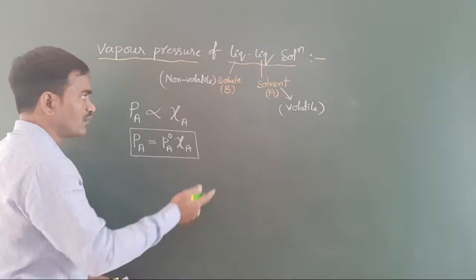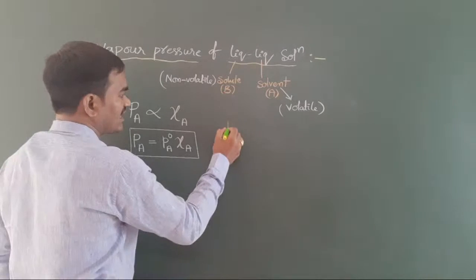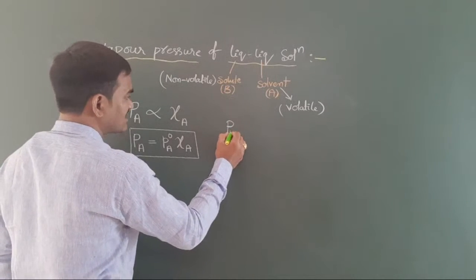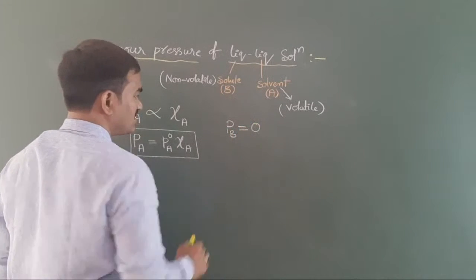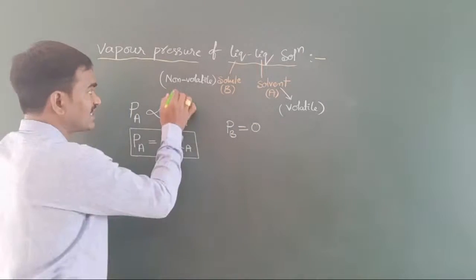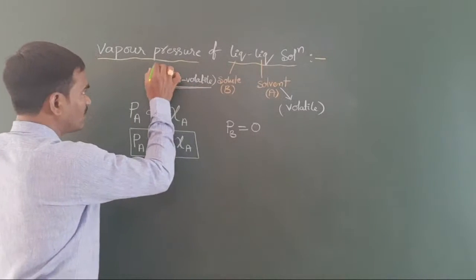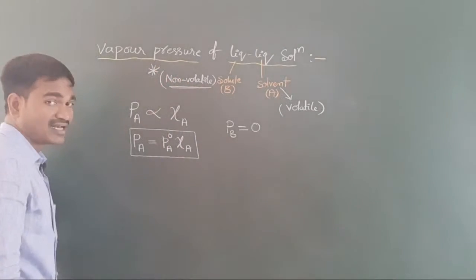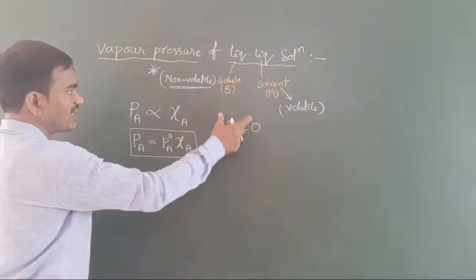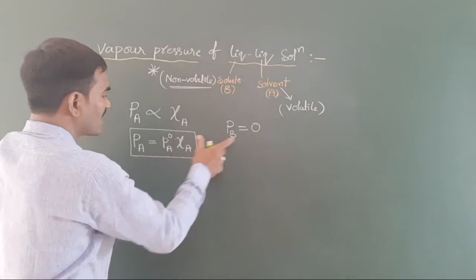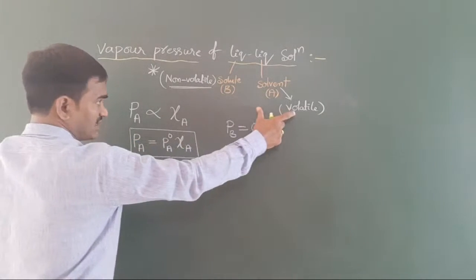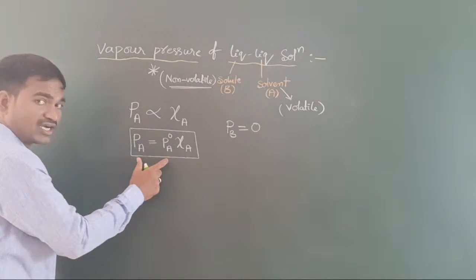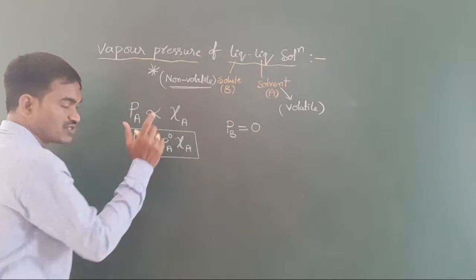So we consider P_B equal to 0 because it is non-volatile. Don't forget this. This part becomes 0, and the solvent is volatile, so it follows Raoult's law.